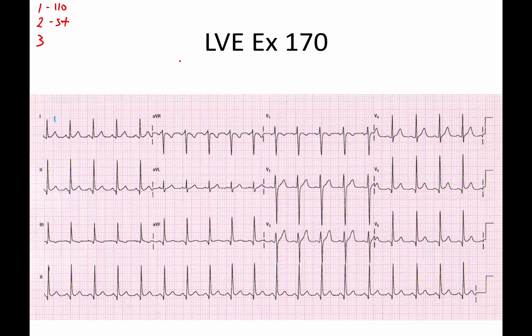Well, we're positive here, we're positive here, so we have up and up, which if we look at our sheet is going to say it's a normal quadrant. Who's my isoelectric? My isoelectric lead is going to be my aVL, because let's be honest, that's the tiniest of them.